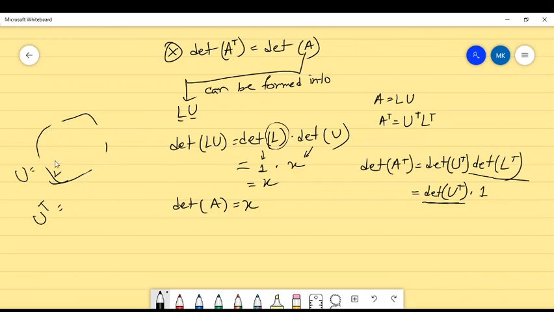So let's have a 3 by 3 example. We have d1, d2, d3, some elements here, and all zeros here.